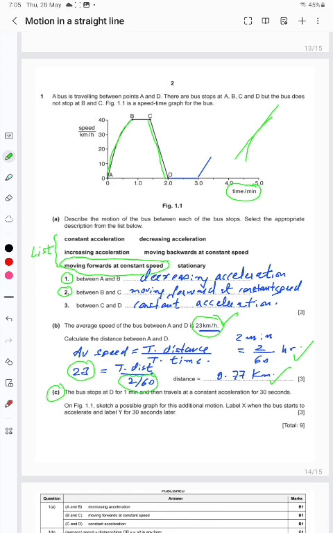The bus stops at D for 1 minute. So you will show this horizontal line for 1 minute. This means no motion, speed is 0. And then it accelerates for 30 seconds, which is half a minute. So you can see a straight line representing constant acceleration. This you have to draw.